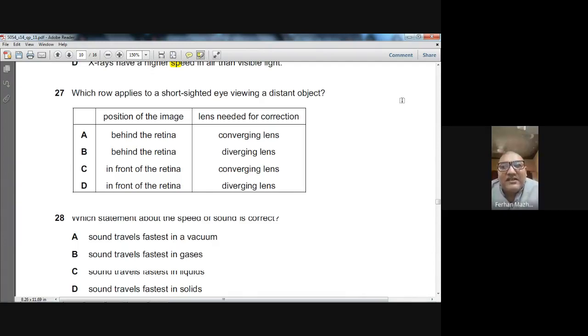So the light rays are focused in front of the retina, when they should be focused on the retina. This can be corrected by using a diverging lens. So D is the best option, sir.